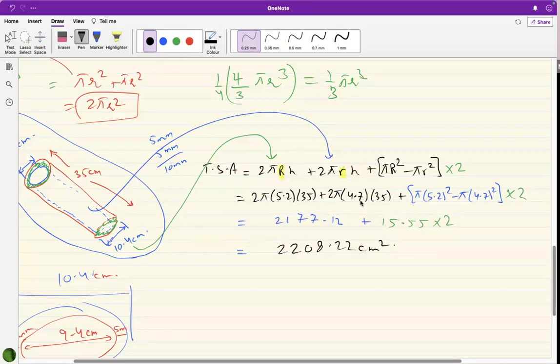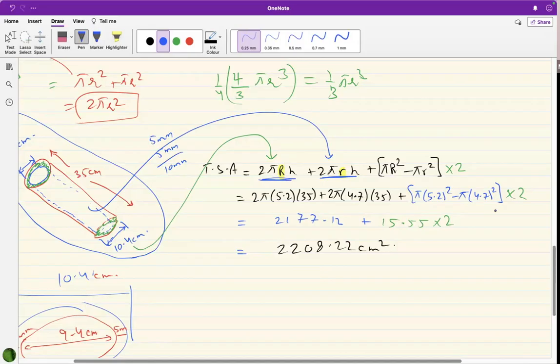Do we have the first line the same? 2 pi r h outer, then 2 pi r h inner. Do we have the same radii? 5.2 and 4.7. And then pi r squared for the larger circle and minus pi r squared for the inner circle, times 2.